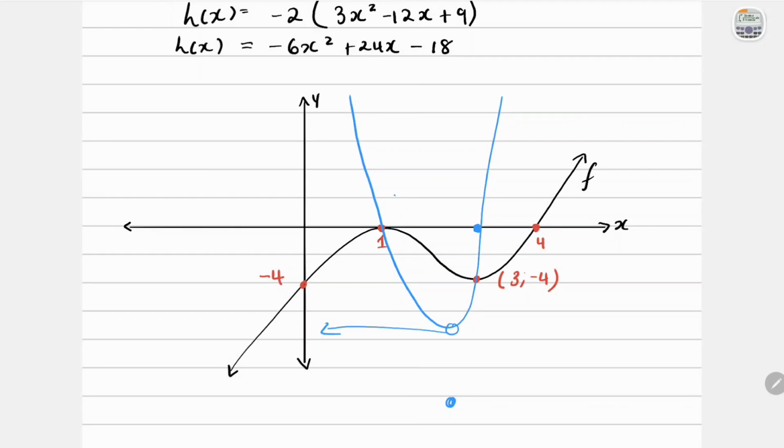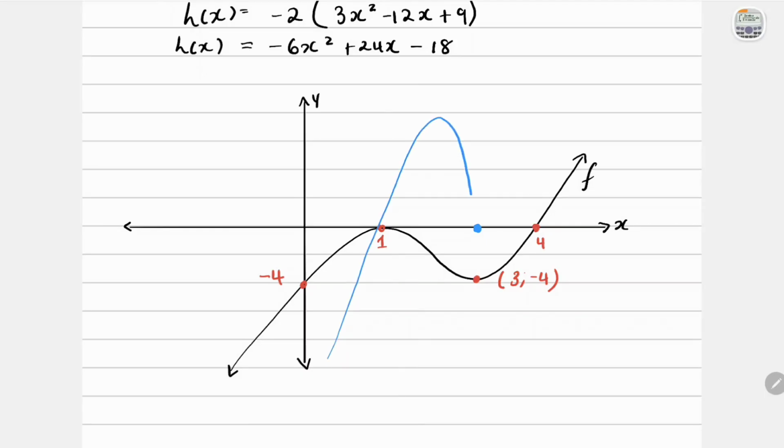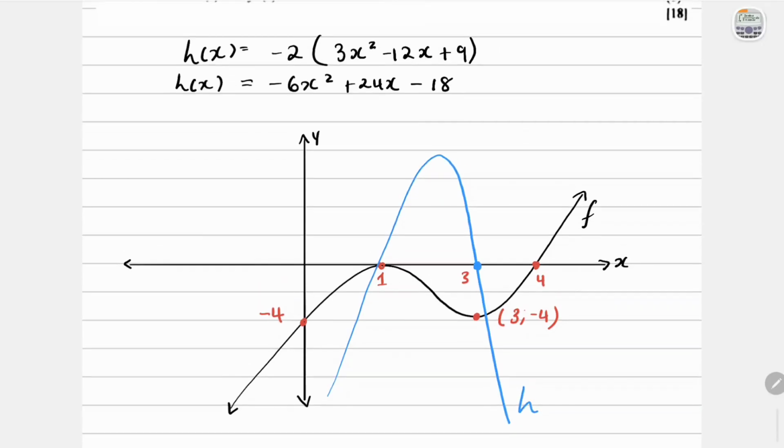It's like saying this is 1 and 0. All the y values get multiplied by negative 2, and if you multiply 0 by negative 2, it's still 0. So that's one important point. Regardless of how it looks, it's still going to pass 1 and 3 on the x-axis. So that's what h is going to somewhat look like.